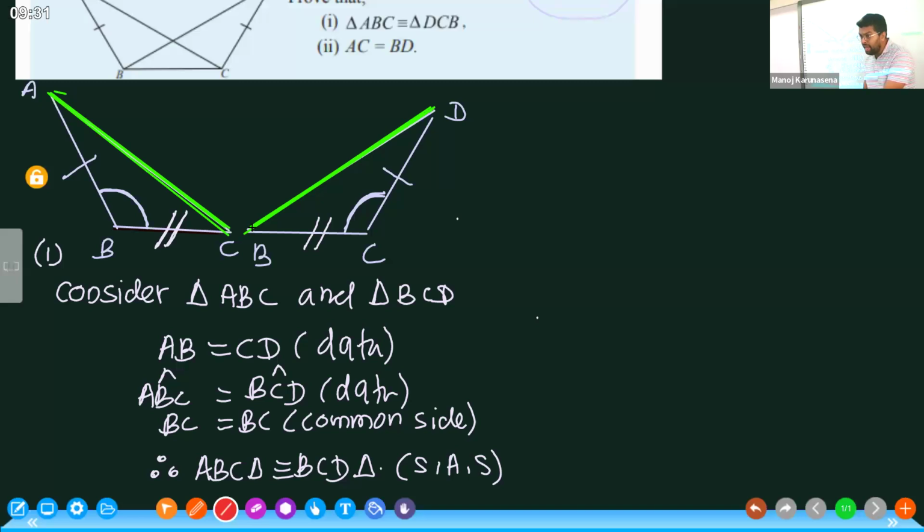If the two triangles are congruent, corresponding elements of two congruent triangles are equal to one another. We just have to write AC equals BD. What is the reason? Corresponding elements of congruent triangles are equal.